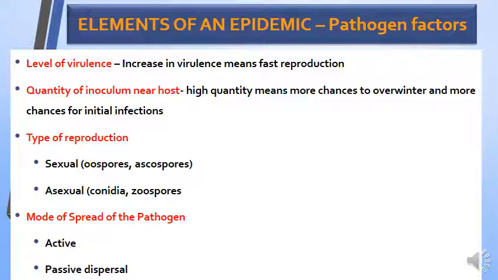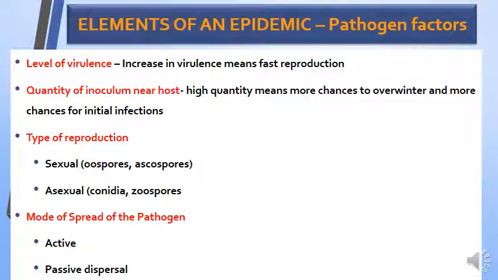The last pathogen factor affecting epidemic disease is mode of spread. The spores of many plant pathogenic fungi are released and dispersed by air or strong winds over distance.